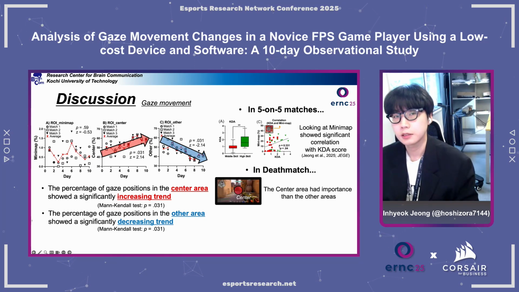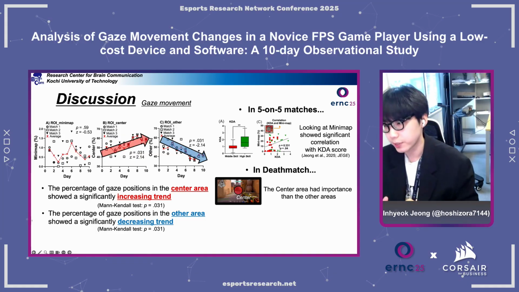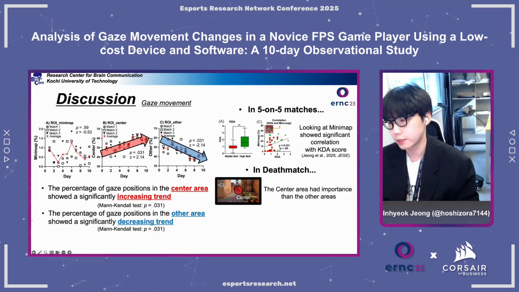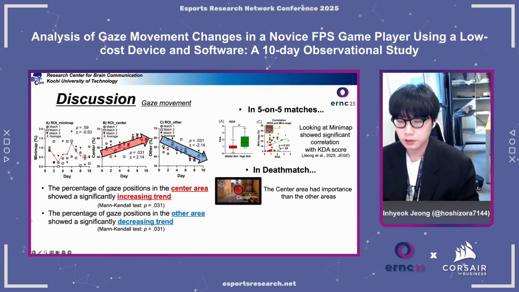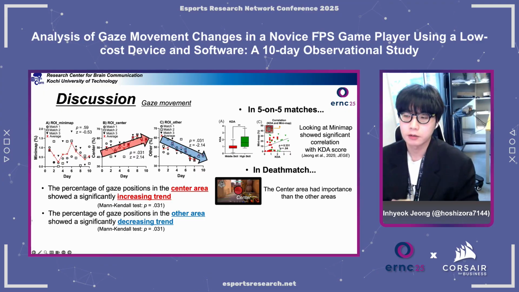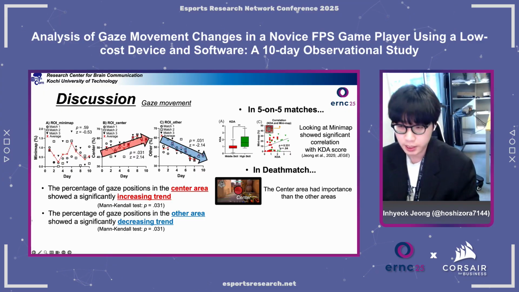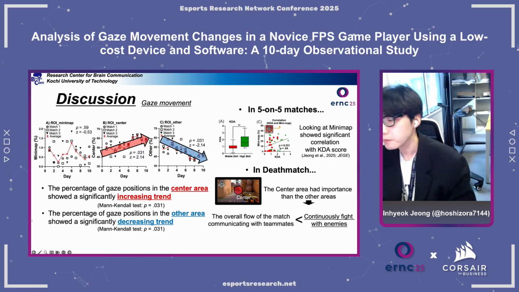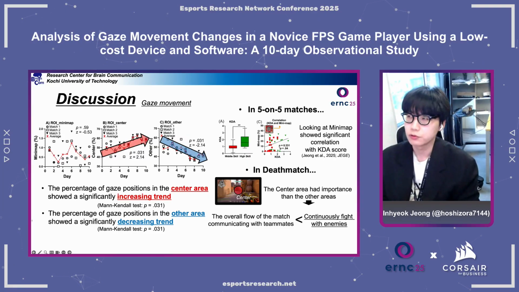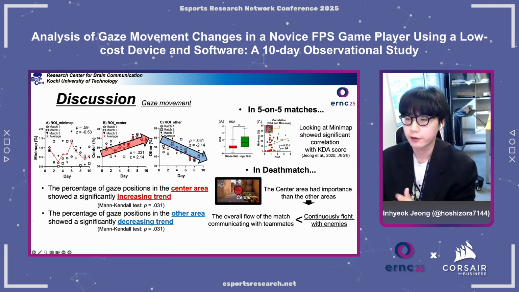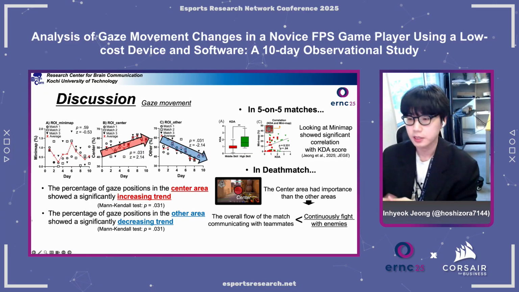I think the reason is the feature of the matches. In this experiment, I used the deathmatch of Valorant. So the participant needs to concentrate on the center part of the monitor rather than seeing any other area, because in deathmatch, the participant needs to concentrate on the center part and fight with enemies continuously.